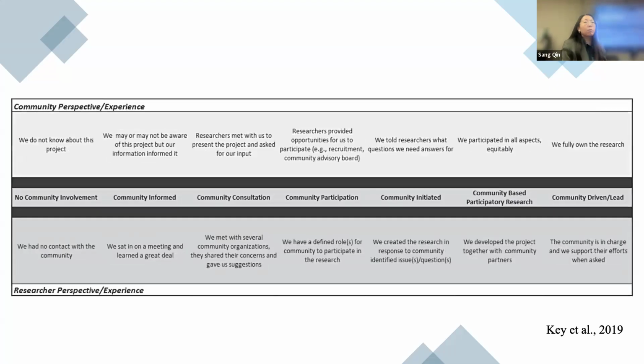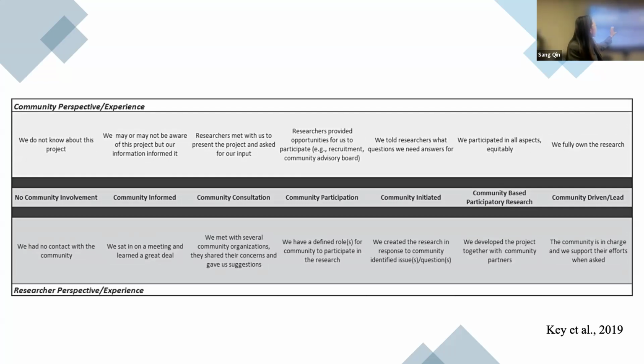But even more additionally, what are the experiences the community may be having in this research process? So in addition to the activities, the community may be saying, I told the researcher this is important, so I feel they're at the community initiated stage.